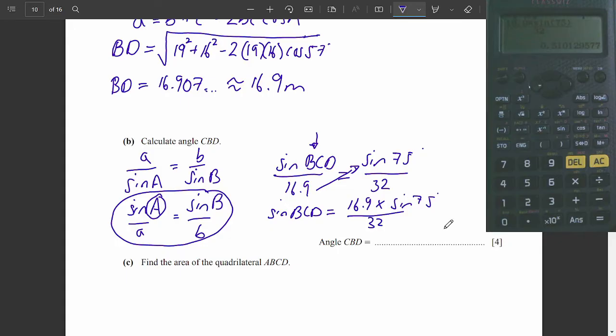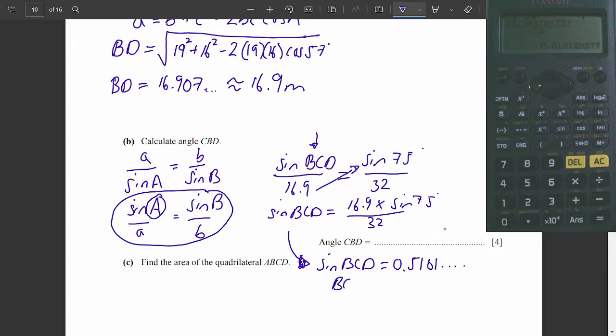We get an answer which is obviously not our final answer. Where shall we write this down? I'm going to use some space down below here, because we still have sin BCD equals 0.5101, etc. Do not round your answer yet.